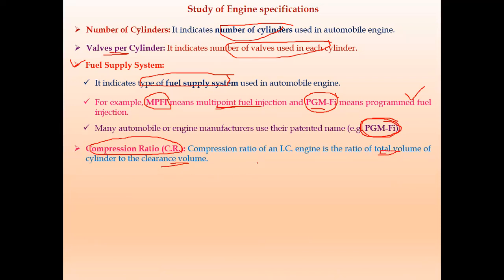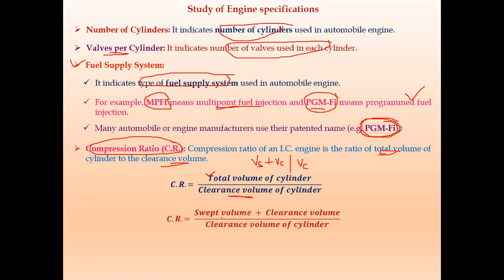Total volume is nothing but the swept volume plus clearance volume, divided by clearance volume. So compression ratio is defined as the ratio of the total volume of the cylinder to the clearance volume of the cylinder. It is the division of these two terms.